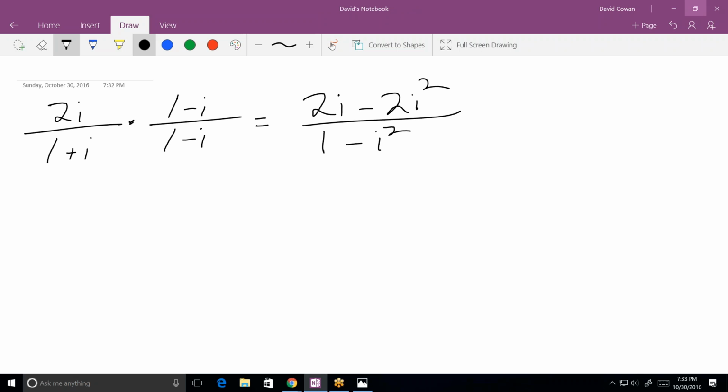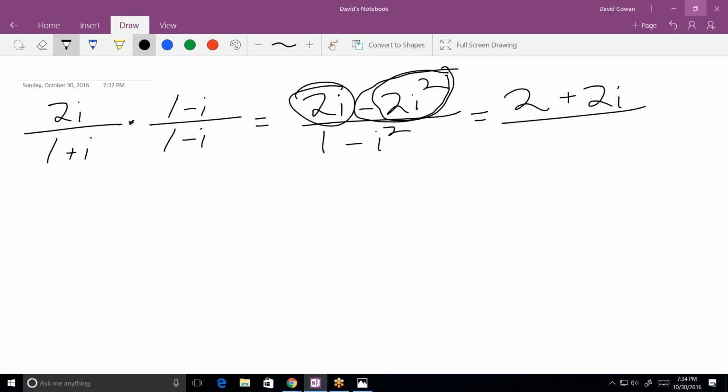Now, simplify the top, beginning with that. So that would be a 2? Correct? Okay. I begin there because I want to put my number part first. Got it. So it's 2 plus 2i, because I still have that 2i there. Got it. Okay. Divided by what?